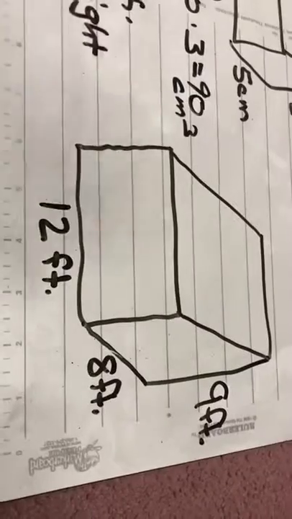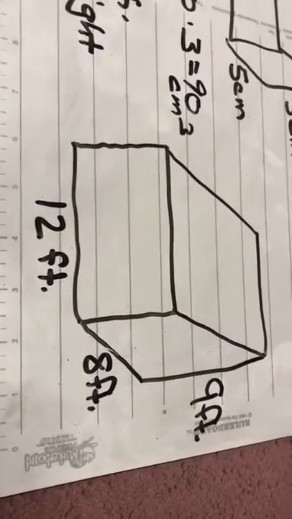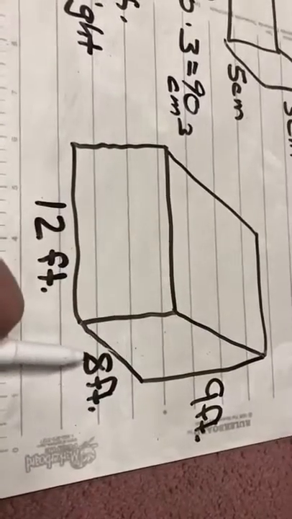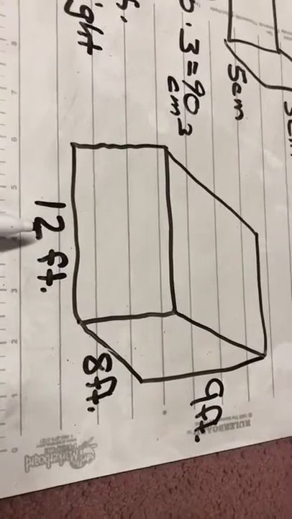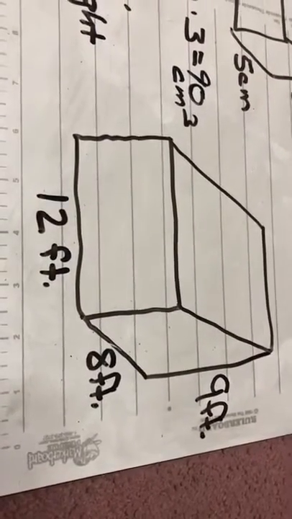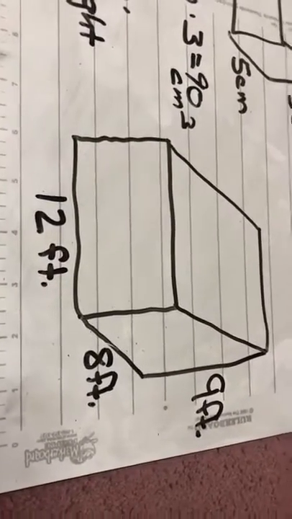So you have to decide, once again, it doesn't really matter what order you put them in. Now, I could do 9 times 8 is 72, and then do 72 times 12. That would not be hard. However, if you know your 12 times tables, at least for me, I know that 12 times 8 is 96.